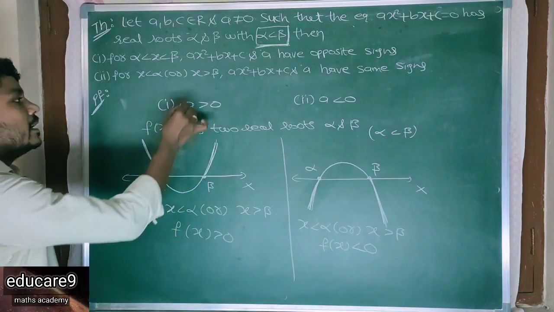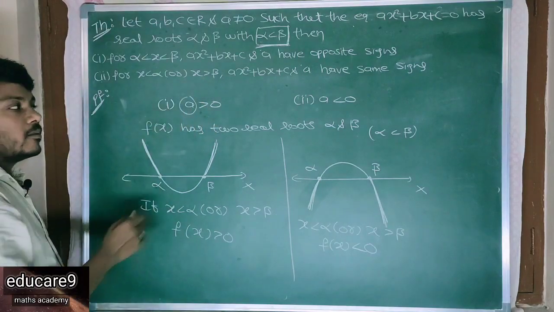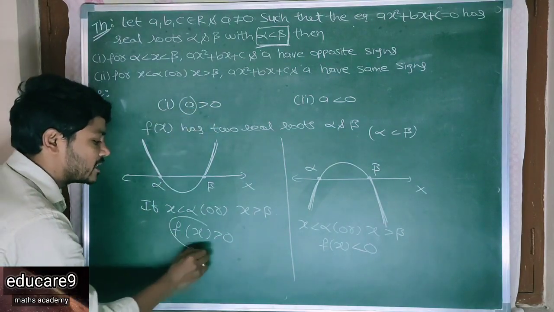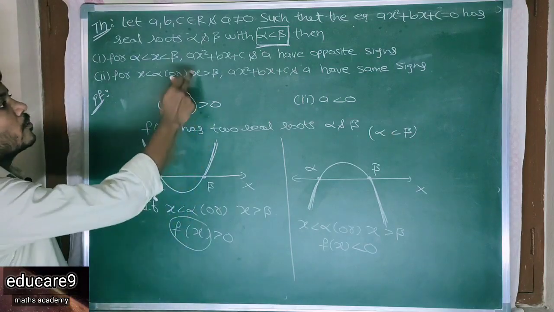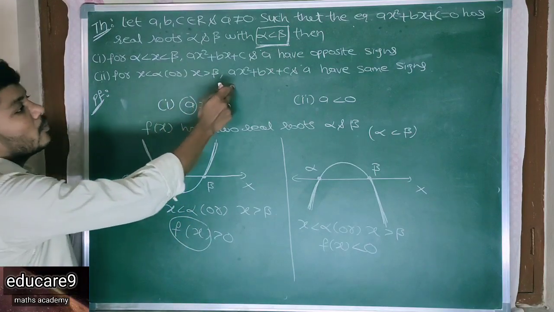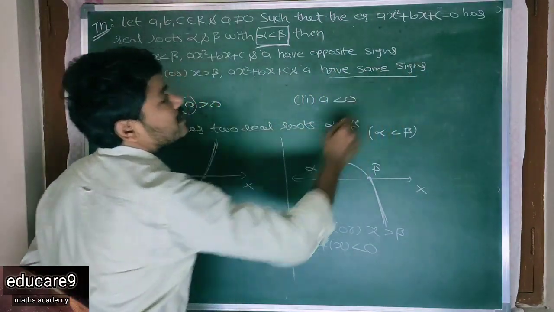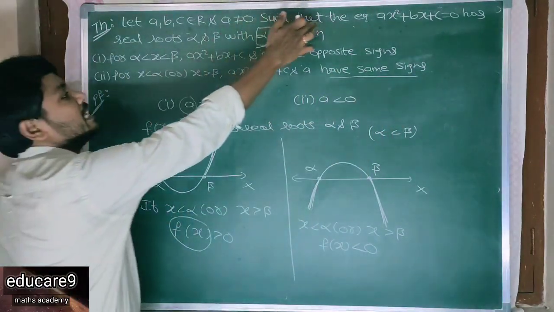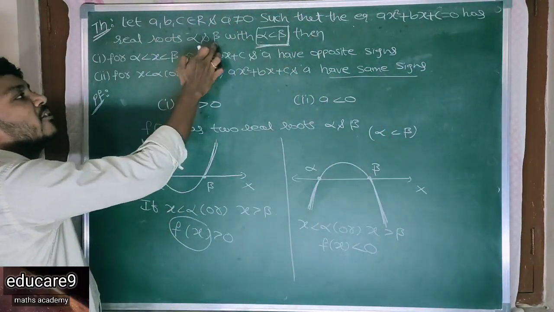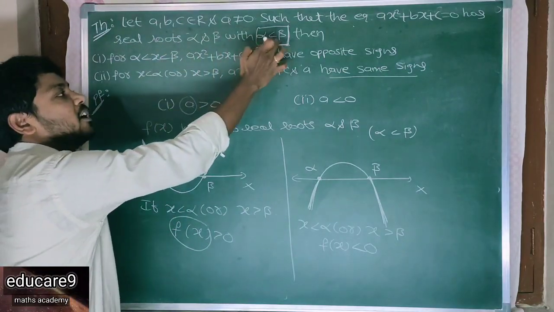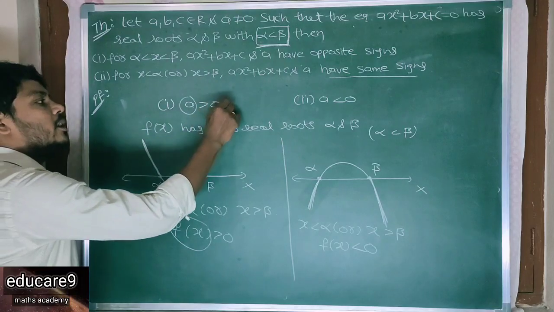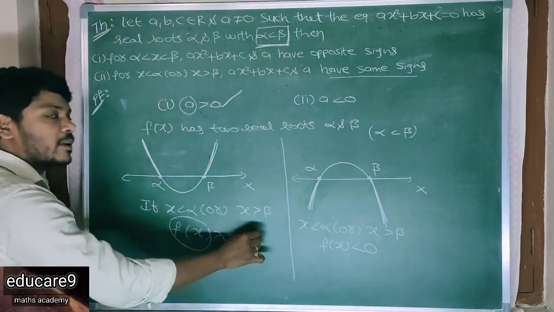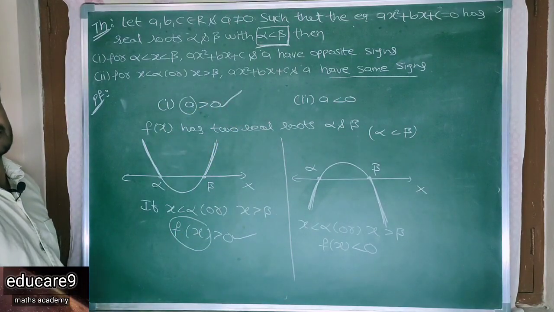Here a is positive, f of x is positive. If both are positive, both have the same signs. When the equation has real roots alpha and beta with alpha less than beta, in that case both a and the expression have the same signs.